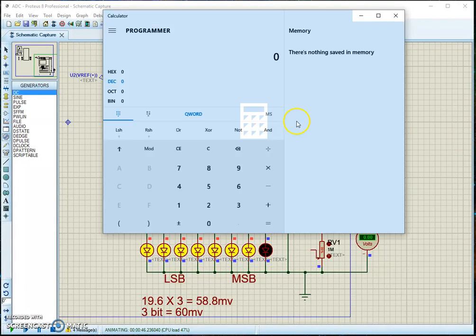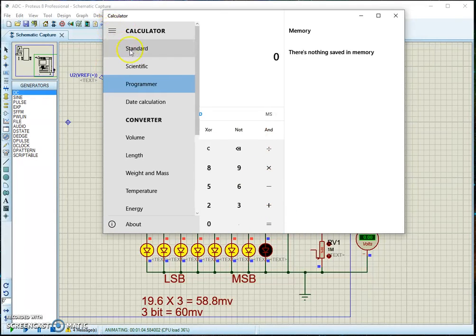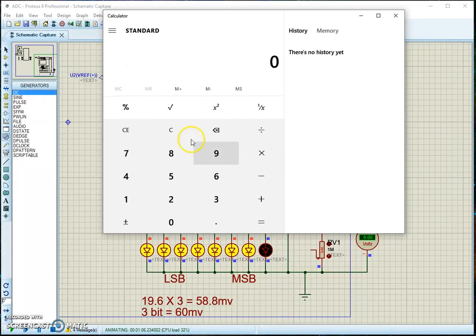That means here I am using the calculator. 1 volt divided by 15.7. Oh sorry, I need to change to the standard calculator first.